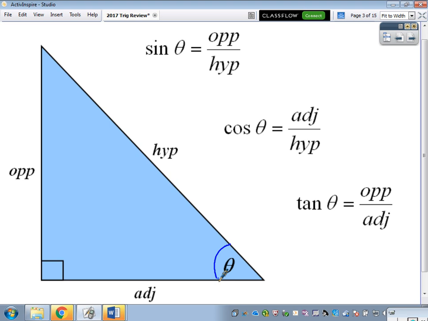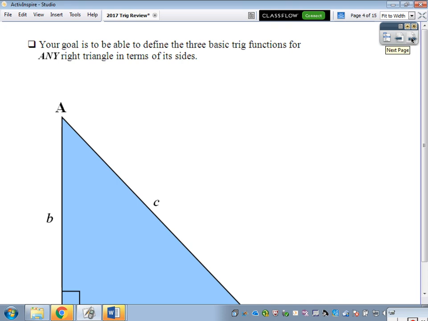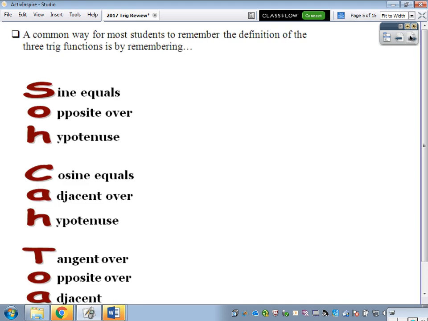So if we were to set them up like an equation, this value should be equal to this value at all points in a right triangle. And the same goes for all of those trig functions. So our goal is to be able to define the three basic trig functions for any right triangle. Depending on where that angle is, we should be able to define where those trig functions are going to be and how we can solve for the unknown.